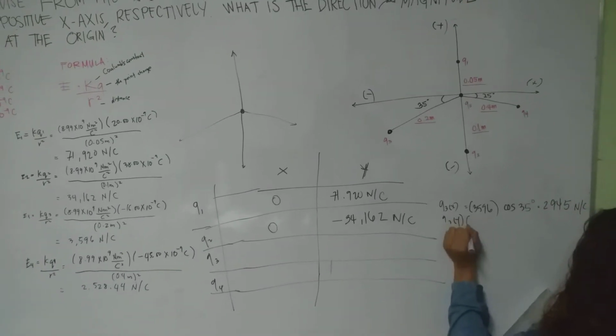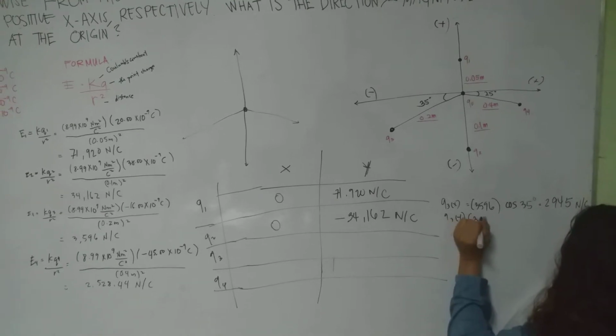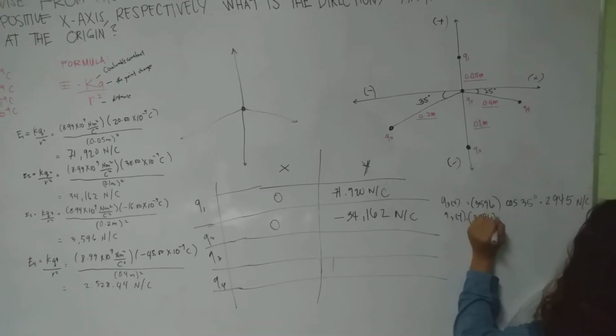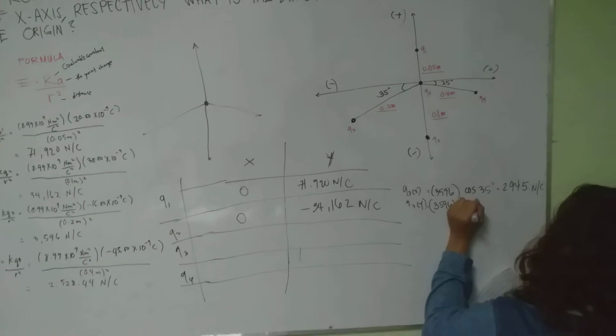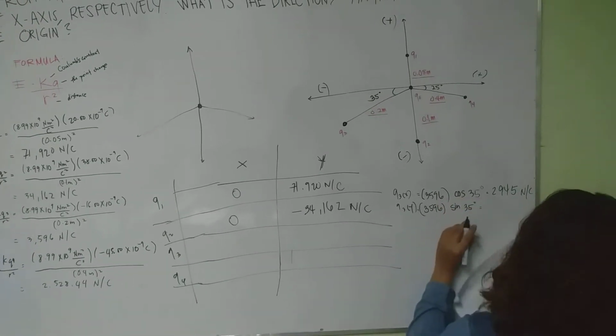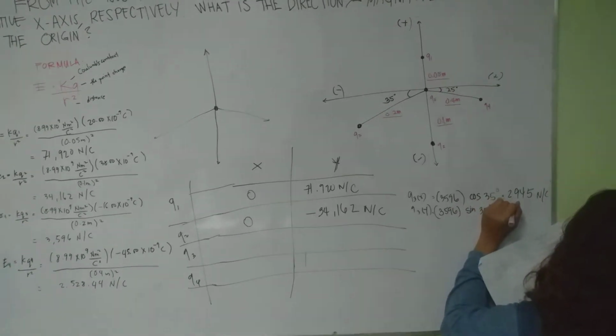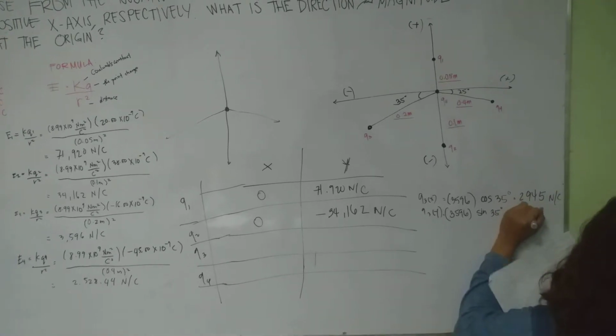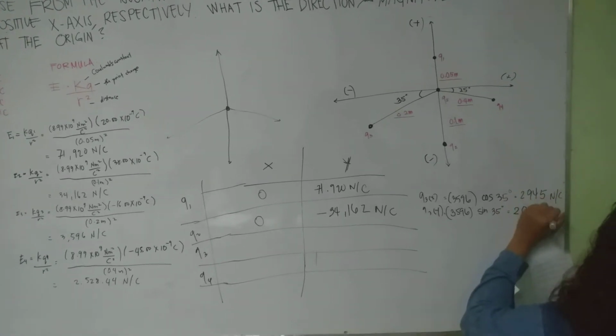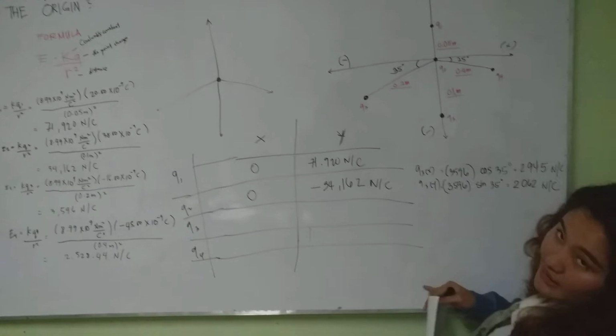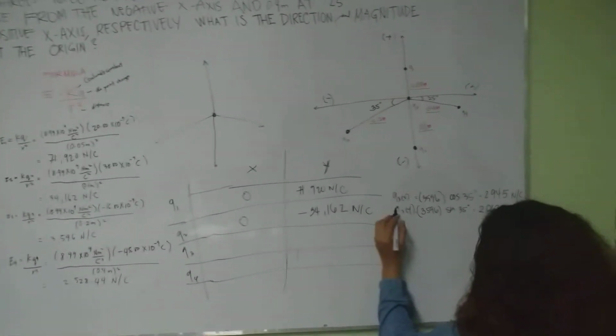And for y, we will have 3,596 sine 35 degrees, which will be 2,062 newtons per coulomb.